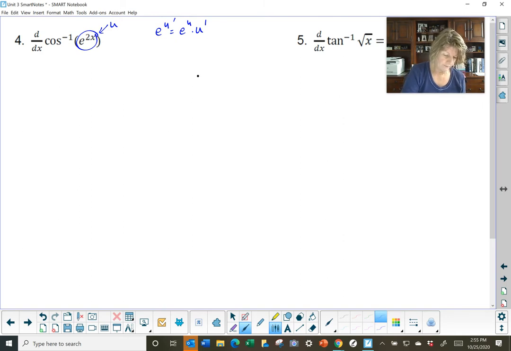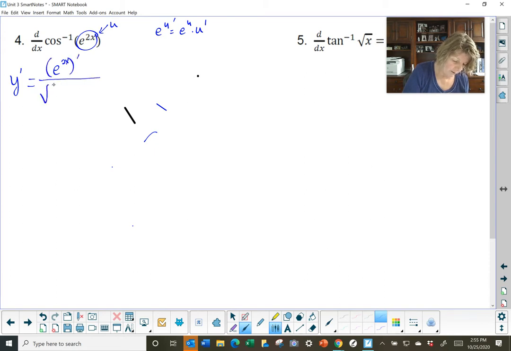So, laying out the derivative, I'm just going to say y prime equals. I would have e to the 2x, I need to get its derivative, over square root 1 minus the u part squared. And since it's cosine, it's a negative, isn't it?